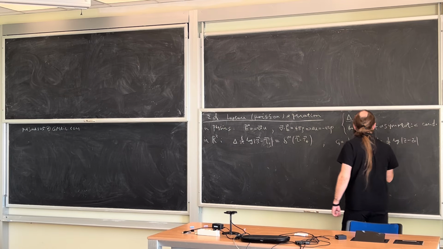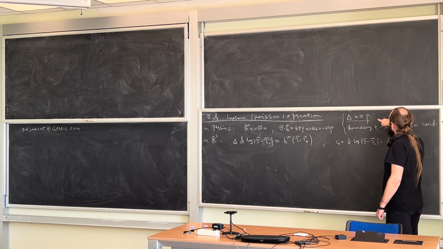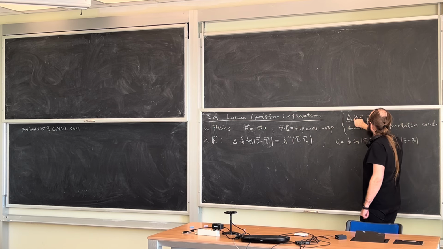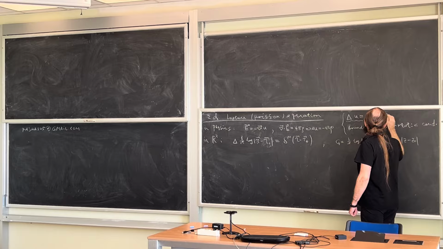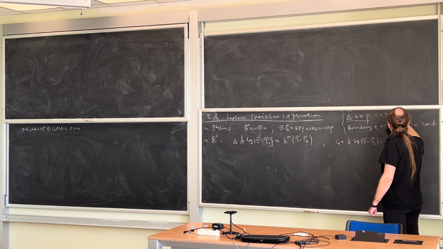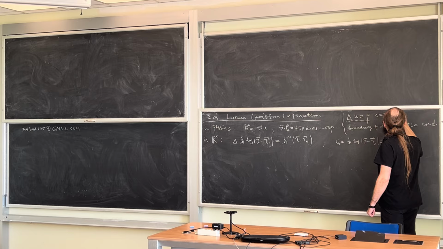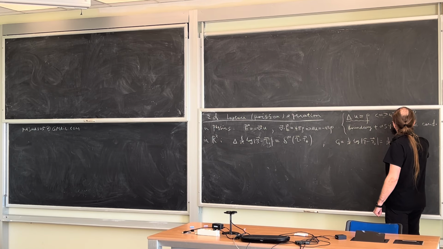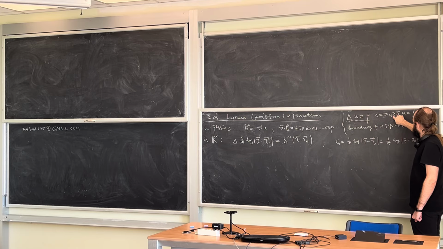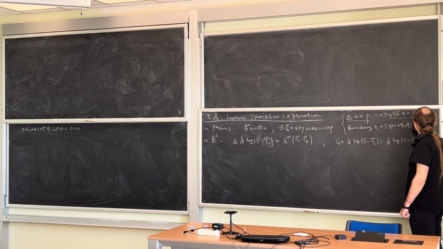And we also know that this equation can be equivalently written in complex coordinates. So it is the same as to write d d bar u equals rho, where d and d bar are derivatives in z and in z bar. So it's an equivalent form.